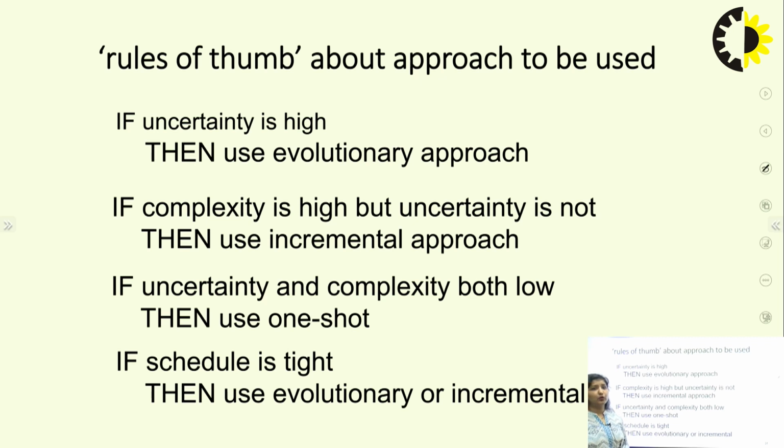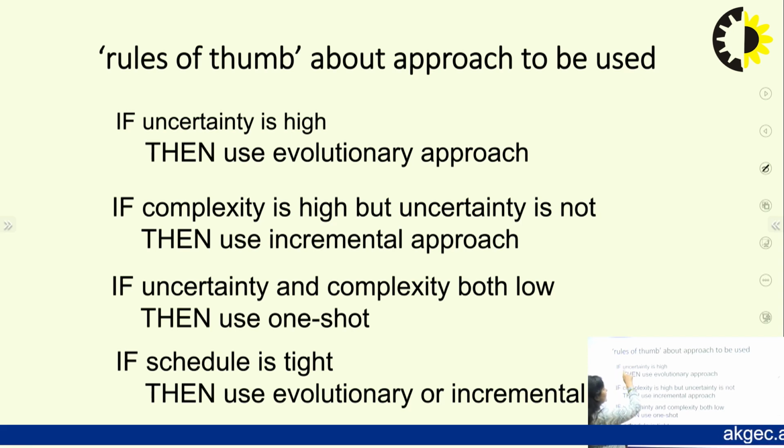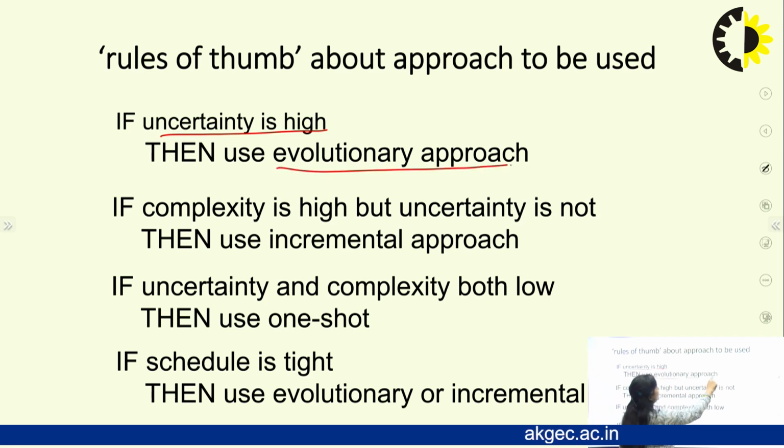Rule of thumb about which approach to use when: we have studied the waterfall model, the agile methods, extreme programming, incremental, evolutionary, and the V-shaped process. So see, if the uncertainty of the project is very high, then we are going to use the evolutionary approach. Now, if the complexity is high but the uncertainty is not high, then we can use the incremental approach.